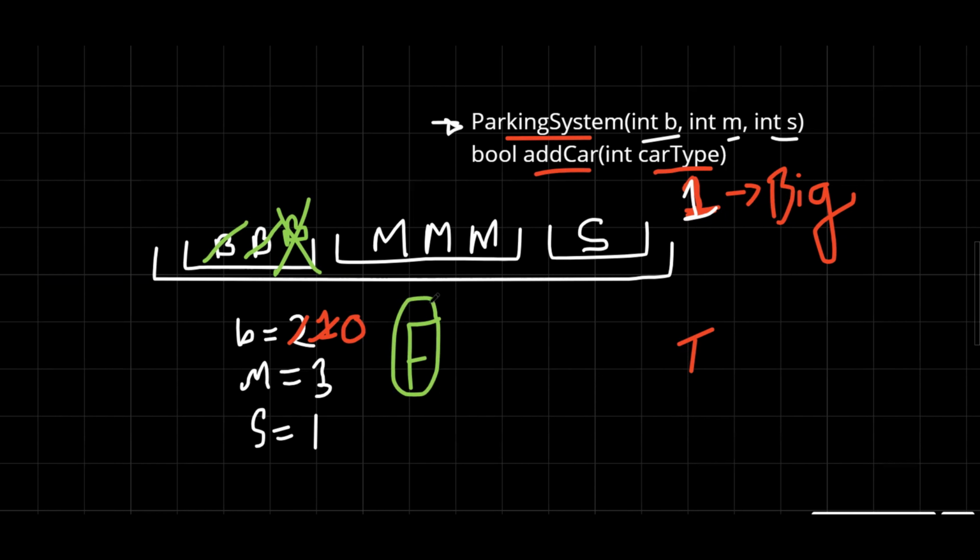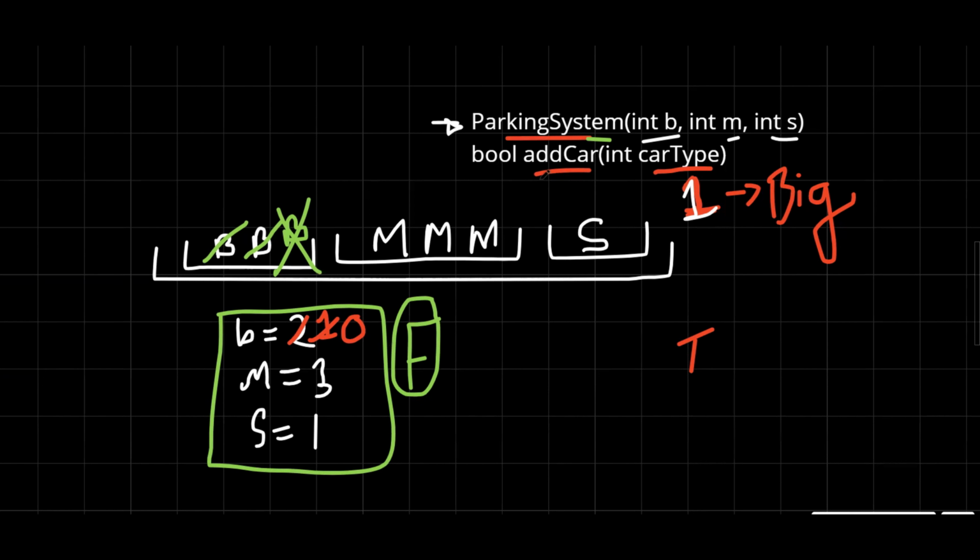Now let's wrap up the algorithm briefly. At first, we have to design the parking system constructor. Here we initialize the values of B, M, and S with the respective parking slot counts. After that, we check whether we can park a certain type of car into our parking system or not.